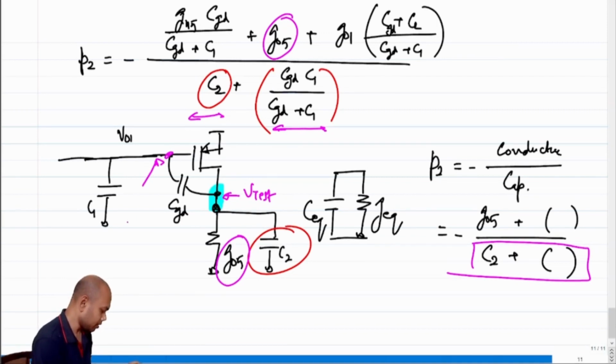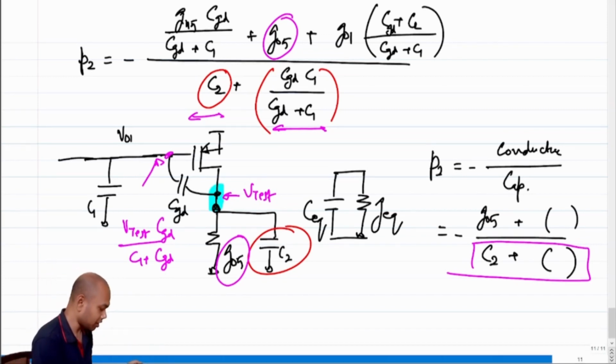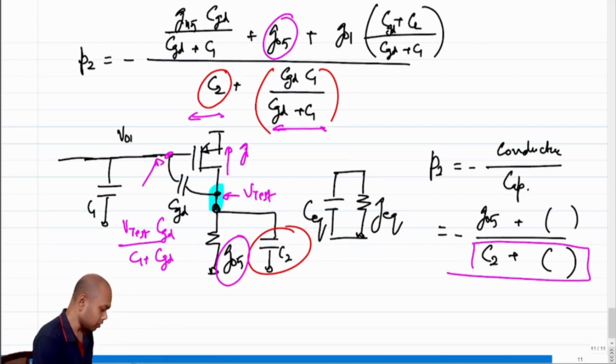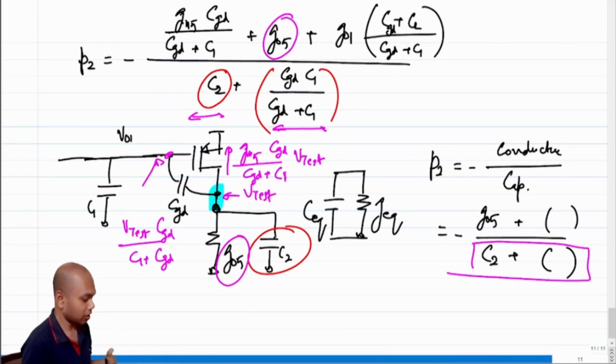This voltage will be V test times CGD by CGD plus C1, right? If that voltage appears here, what current will M5 draw? M5 will draw a current of GM5 times that, CGD by CGD plus CGS plus C1 times V test. So what will be the equivalent resistance or equivalent conductance?